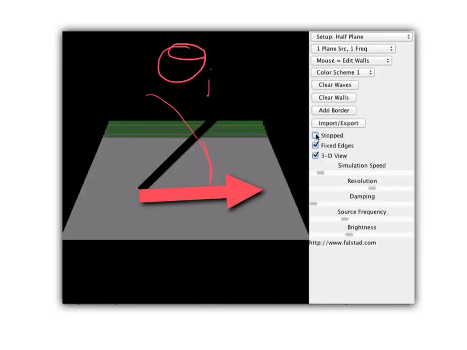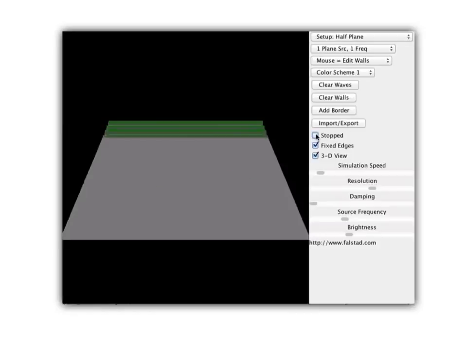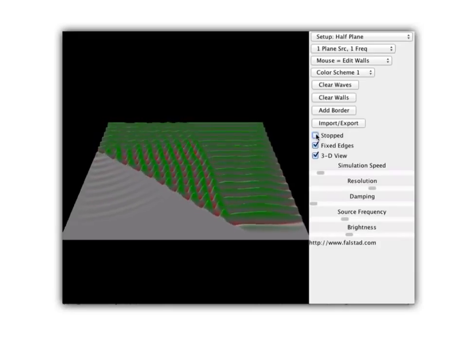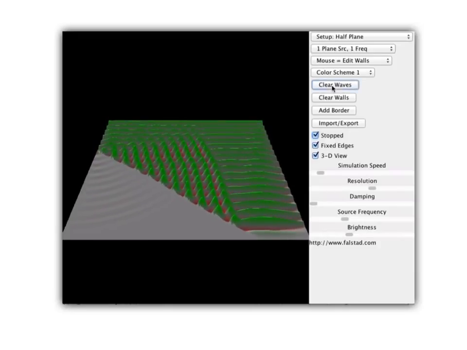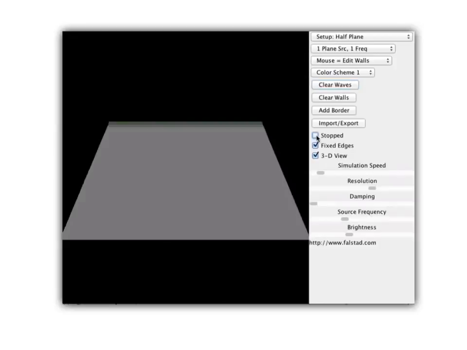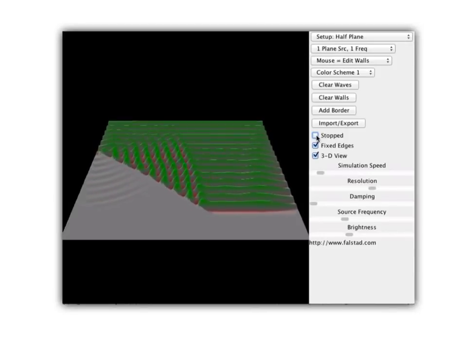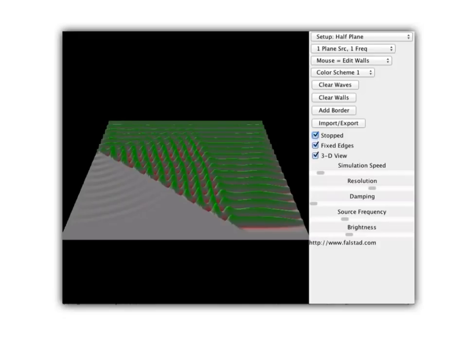I can also see this in 3D, which is maybe the coolest way to view reflection. So here come the incident waves, and they bounce off. And so the angle of incidence, or the direction that the incident waves come in, and the angle that the reflected waves come off, that's equal. Angle of incidence equals angle of reflection is called the law of reflection.